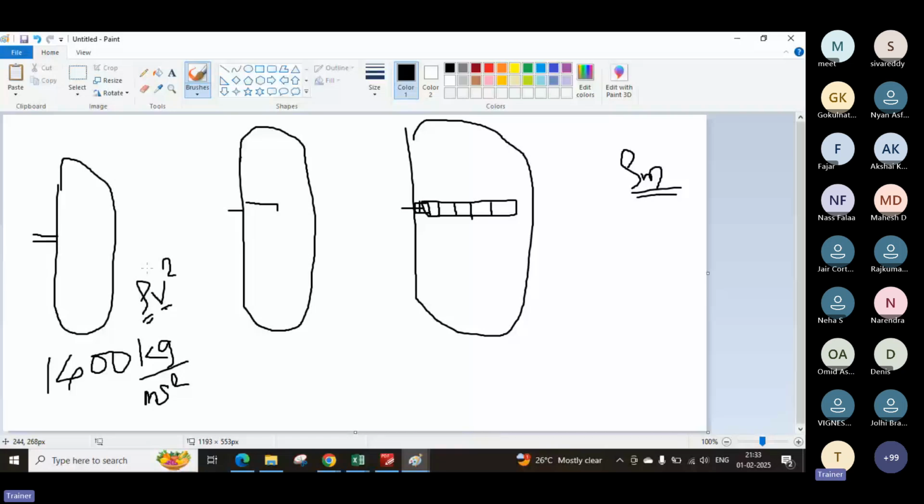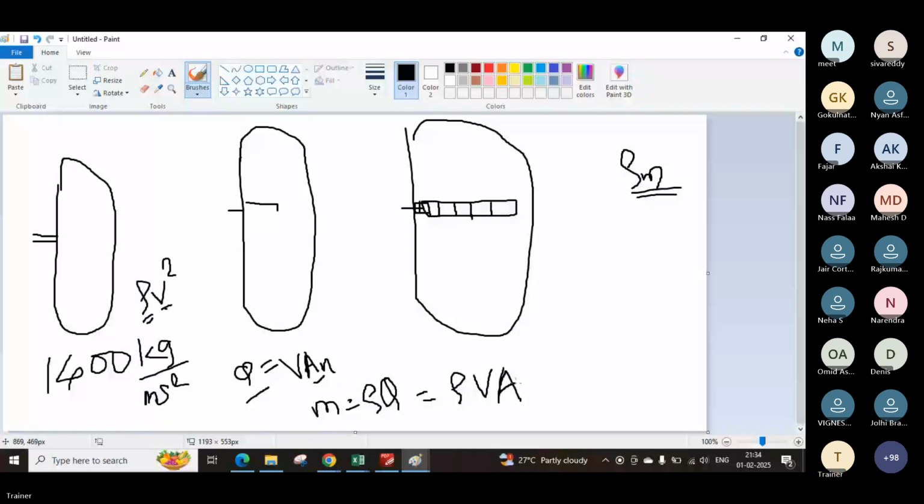So you can assume the 4-inch and you can calculate this velocity by Q equals V into A for the nozzle, area of a nozzle. So you can assume the diameter, you know the area, you know the Q, that is total volumetric flow rate coming, or by using the mass equation, that is mass flow rate is nothing but rho into Q, that is rho, the density, V into the area of a nozzle, and then you can calculate this velocity.